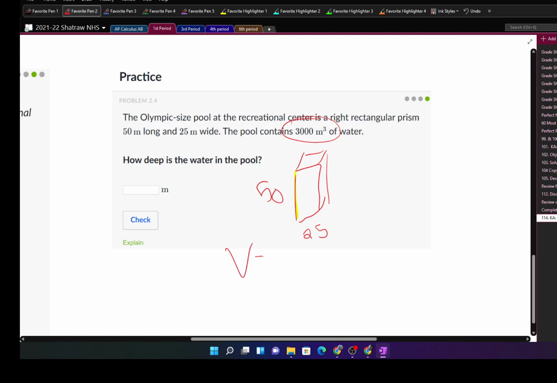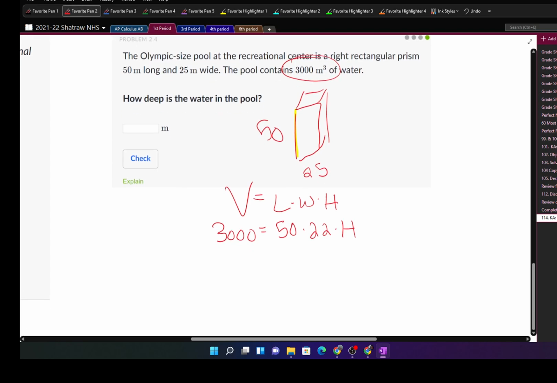Well, volume is supposed to be the length times the width times the height. So if they told me the volume is 3,000 and one of these numbers is 50 and one of these numbers is 25, I'm supposed to be able to solve, ready, by dividing by 50 and 25 on both sides.